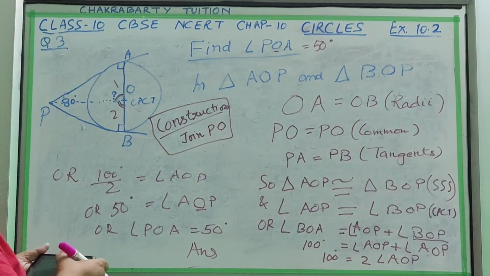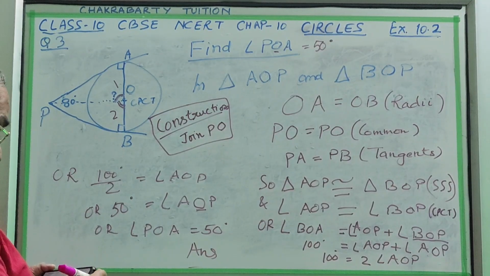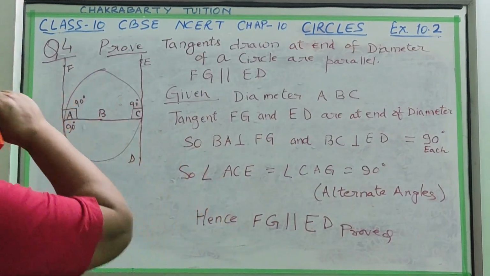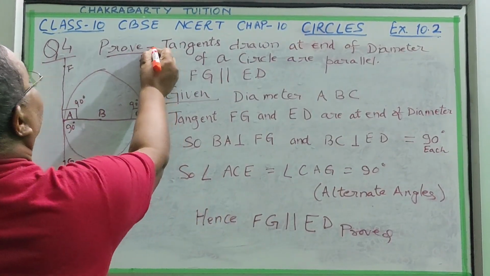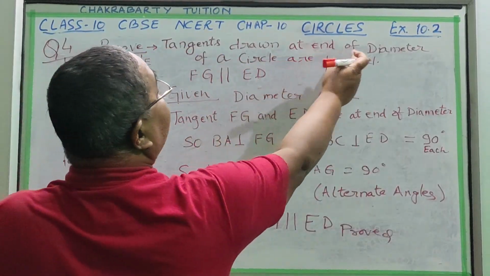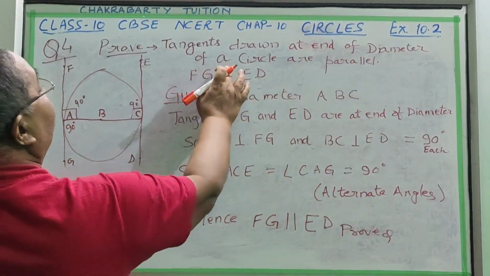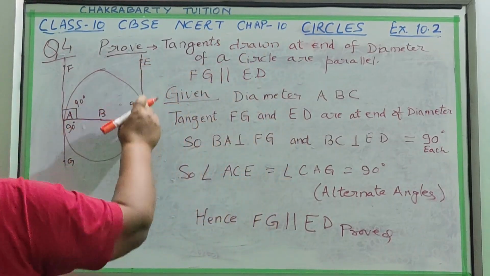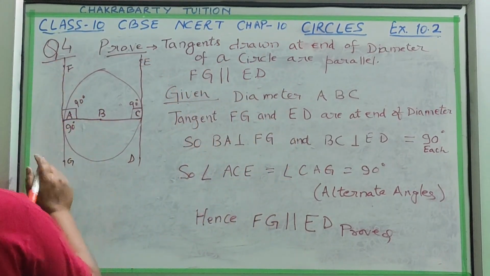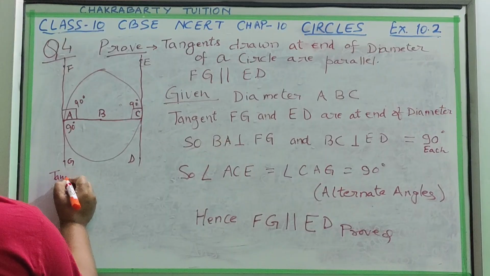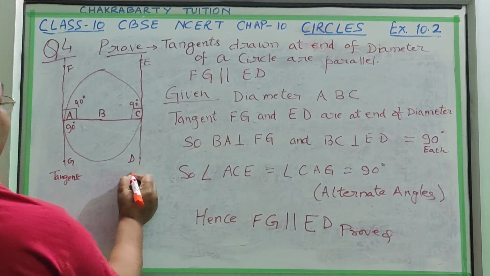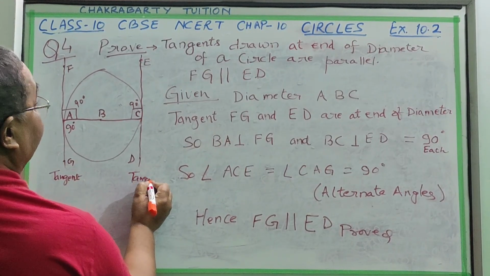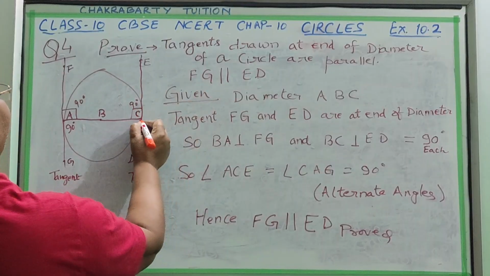Now question 4 we will do. In question number 4 you have to prove that tangents drawn at the end of a diameter of a circle are parallel. Tangents drawn means this is a tangent we have drawn and this is another tangent.